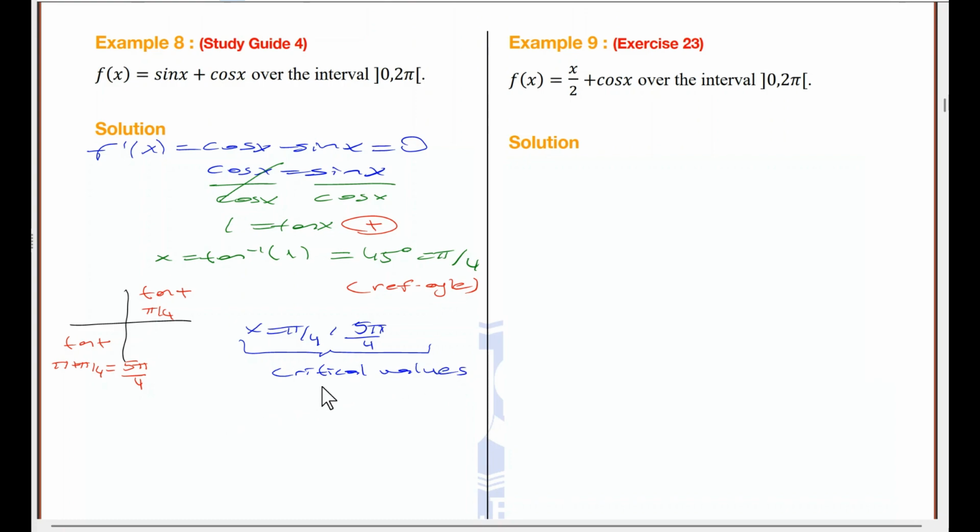We got the critical values. Now it's time to find the increasing and decreasing intervals. So let's make a table of variations. Here it starts from 0 and ends at 2 pi. In between we have pi over 4 and 5 pi over 4.